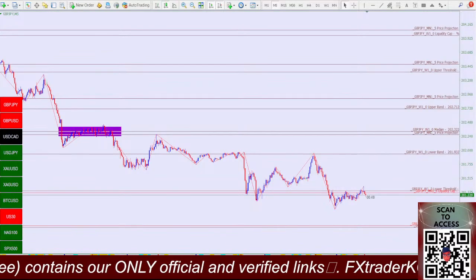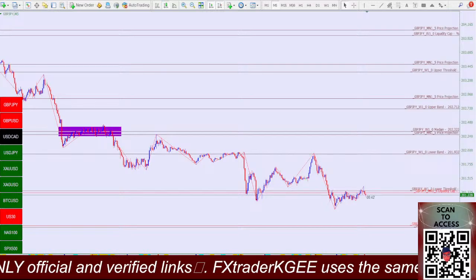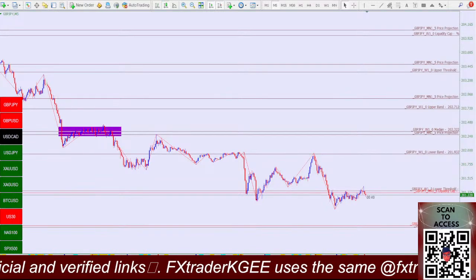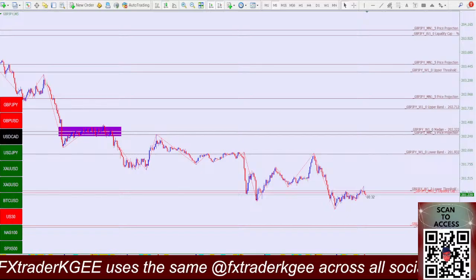It is also where liquidity, where stop losses, sit above previous highs. So big institutions sometimes push price into this zone to grab that liquidity before reversing.